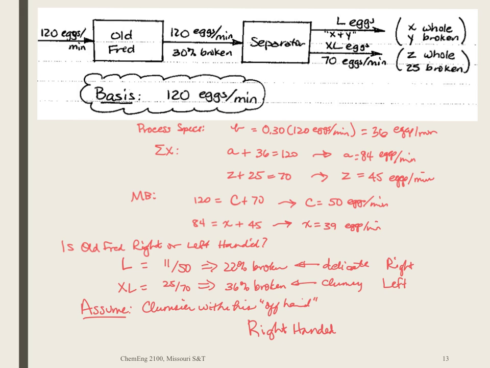Okay, so that concludes our introduction to material balances without reactions. I do want to make a couple of small points. So we've talked about using a basis. And so far, all I've done was say that that's something you assume as a flow rate at the beginning. Why?